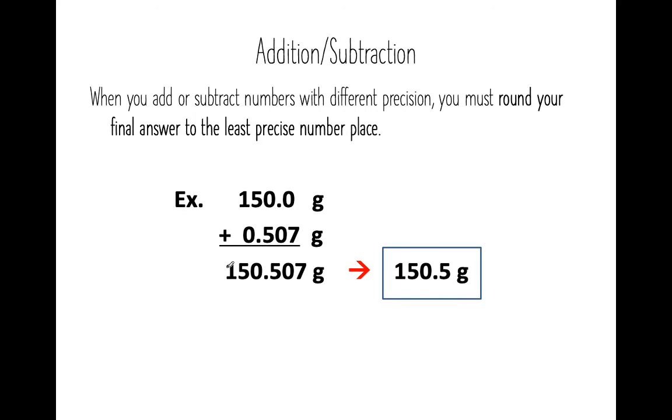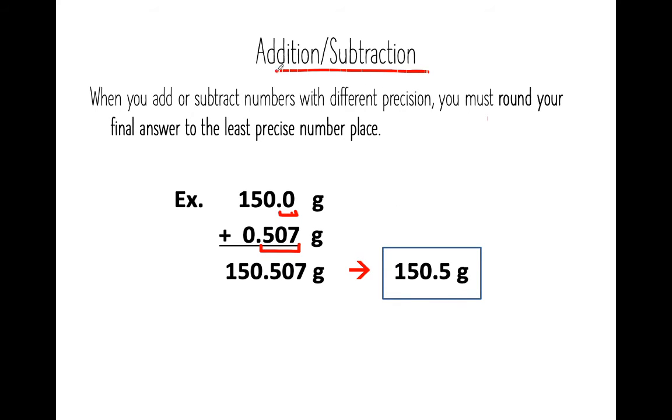But as a rule, I'm going to take a look at how many decimal places there are in each number that I'm given. So in the first one, I've got 1 decimal place. And in the second one, I've got 3 decimal places. What I would have to do is go by whichever one is less. And because one of my numbers only has 1 decimal place, I'm going to round to 1 decimal place.